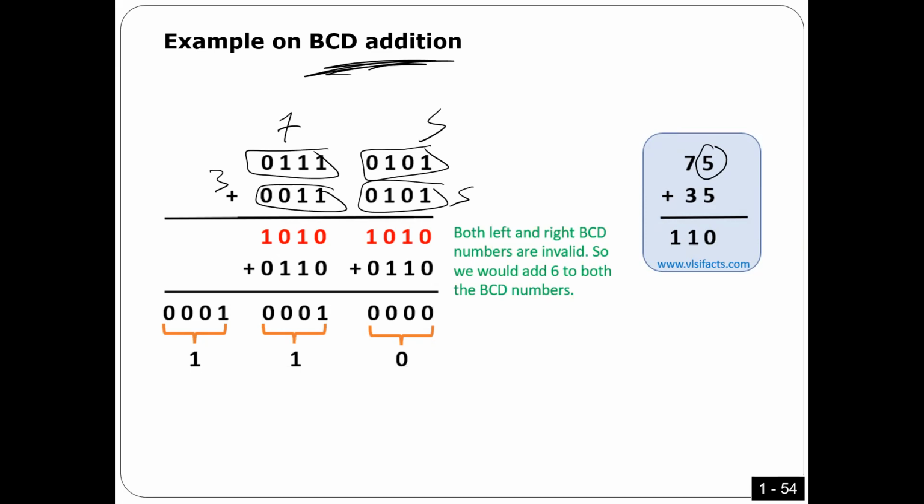After you do that, look here, 1 plus 1 is 0, and we have a carry of 1. I got the result this way. For sure, look at the trick here. Number 1, if every digit here is less than or equal to 9, I'm done. It's correct.